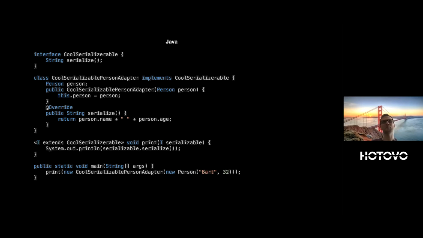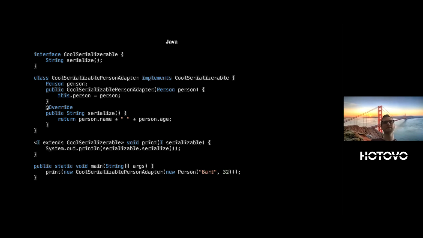So the common pattern in Java is to use the adapter pattern. If I want a person which I don't control to implement an interface, I create an adapter here. So I take in the person object and I can use it in the method calls.